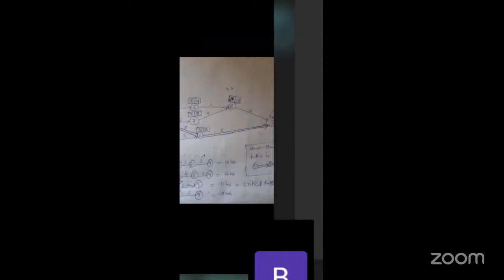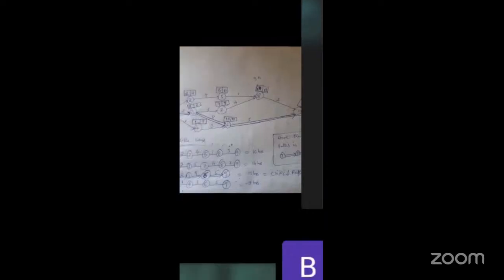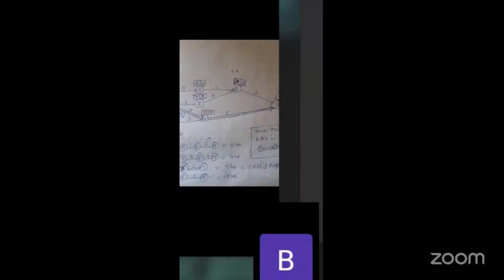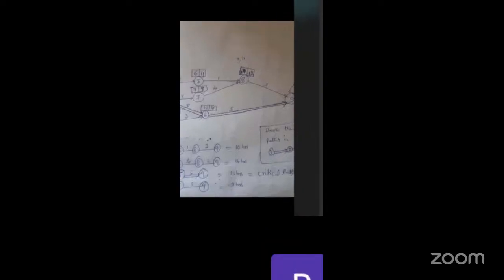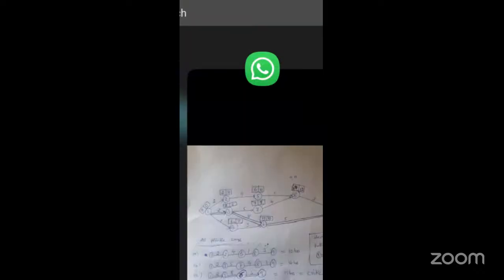Now we have to finish the earliest finishing time with the same values, subtracting in reverse order. So at 9 I put 15 as the finishing time, and 15 minus 5 is 10. 10 minus 8 is 2. 2 minus 2 is 0. So in the critical path, I will repeat once again, the difference of Li and Ei must be 0.